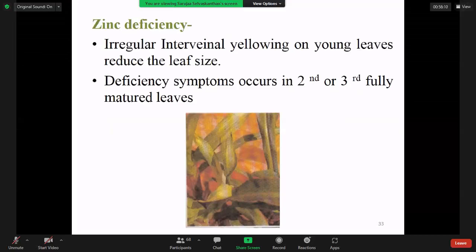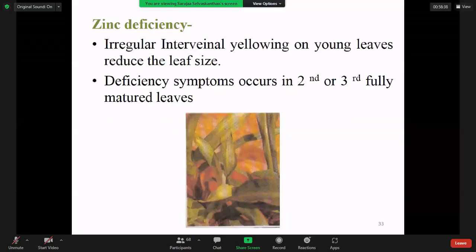Zinc activates enzymes, plays a major role in metabolic activities as an enzyme activator, and is involved in the synthesis of IAA. These are the functions of zinc.